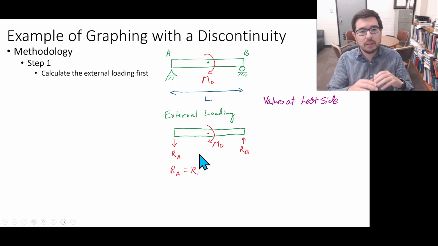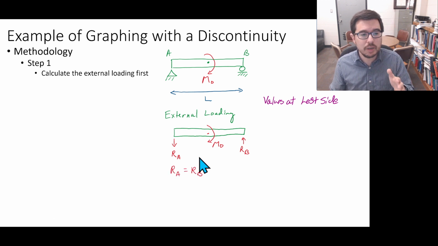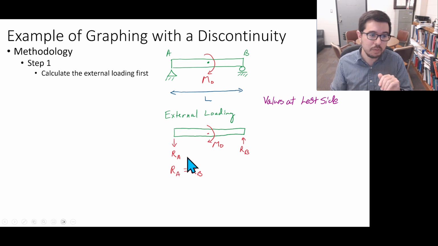If we apply equilibrium in the vertical direction for the forces, what do we see? We would say, well, that's maybe a minus R_A plus R_B is equal to 0. So R_A equals R_B.